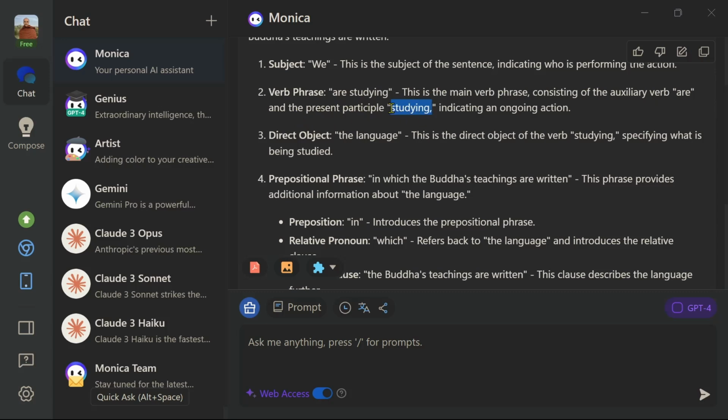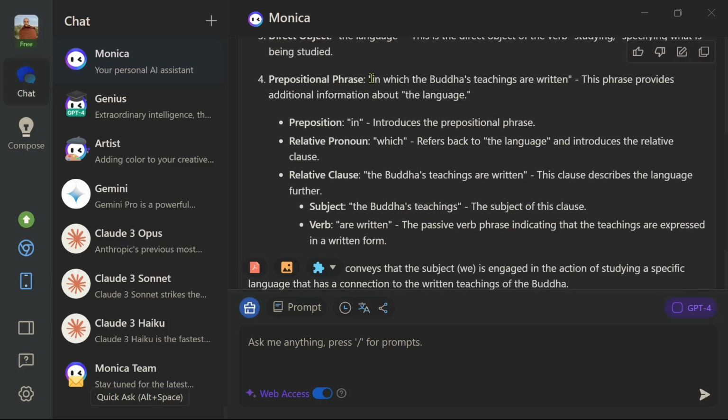We did that, no? And the present participle, studying. This is a participle, indicating an ongoing action. Okay, we call it present continuous. Direct object: the language. We are studying the language. Now, prepositional phrase: in which the Buddha's teachings are written.